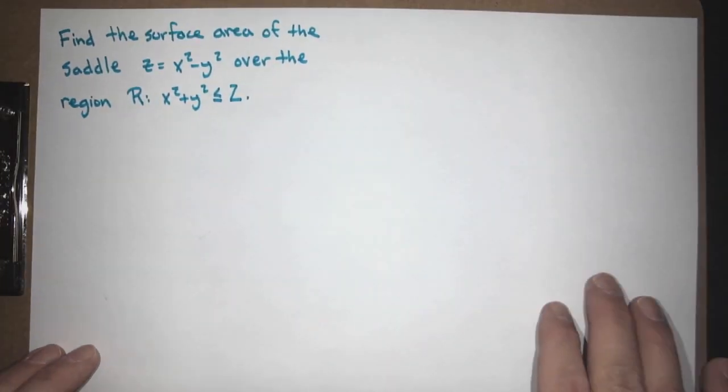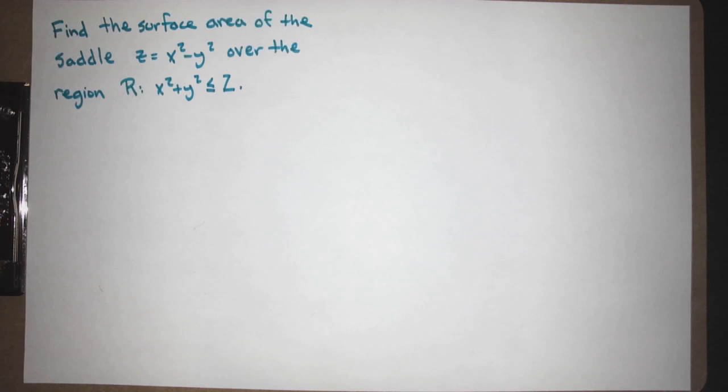Our example. Like I said, we can do some. Find the surface area of the saddle, z equals x squared minus y squared, over the region R, from x squared plus y squared less than or equal to 2. The saddle is not a volume of revolution, so we can't apply Calc 2 tools.